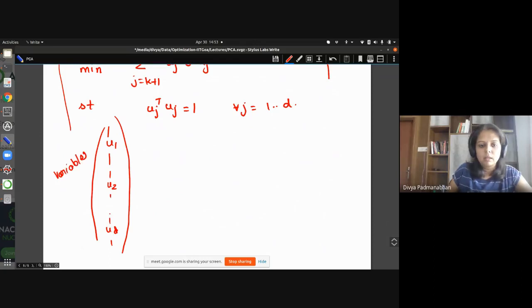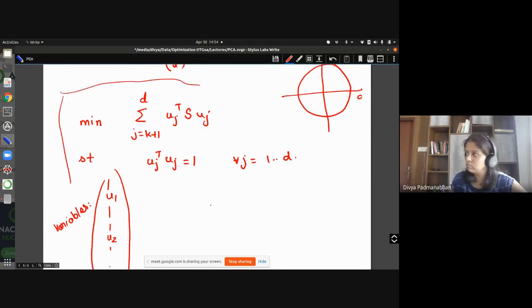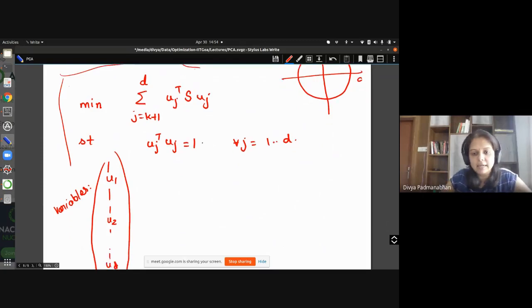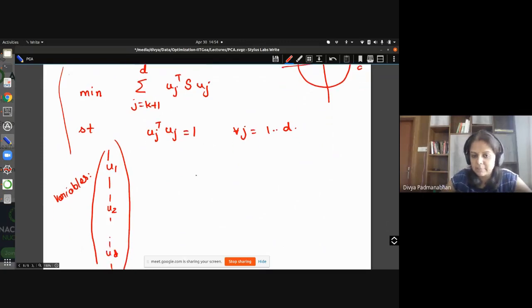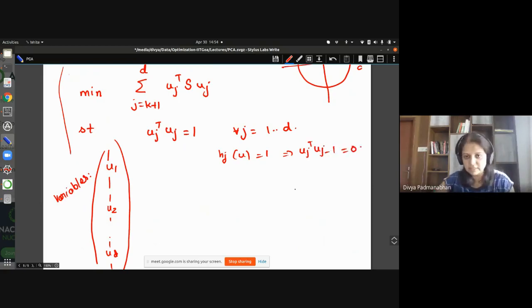Now I'm going to check what the regular points are here. There are d constraints. Let me say Hj of U equals uj transpose uj minus 1 equal to 0. That is each of these constraints.